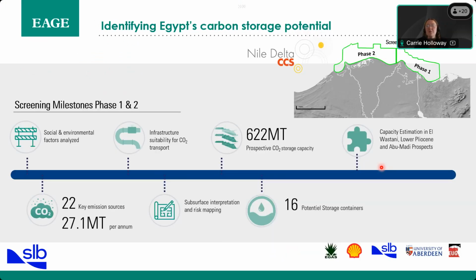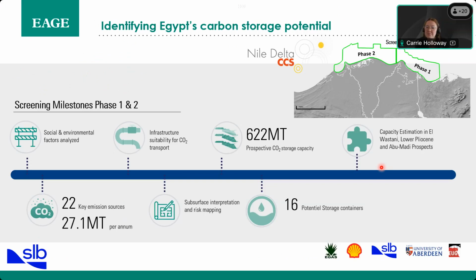The second example comes from Egypt. This is a project that was run as a collaboration between EGAS, Shell, SLB, EUG, and the University of Aberdeen to accelerate the screening offshore Egypt in support of COP27.